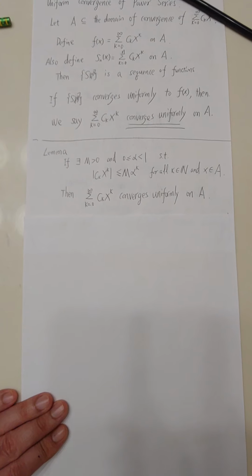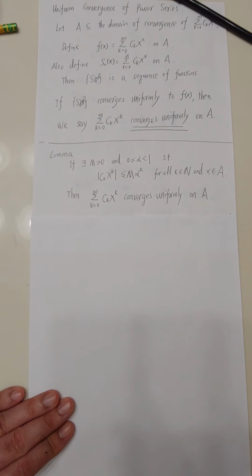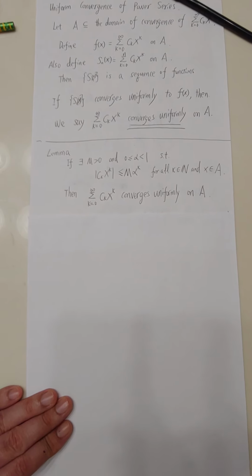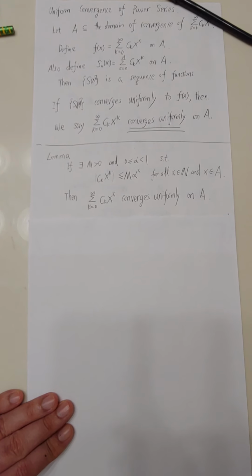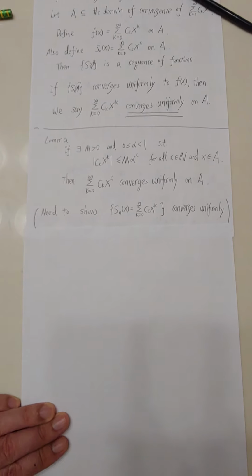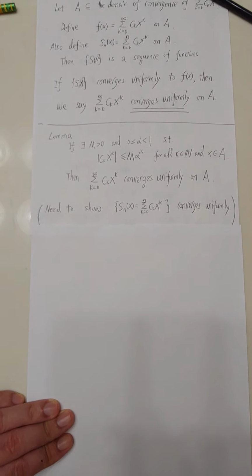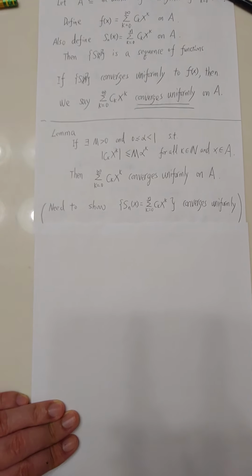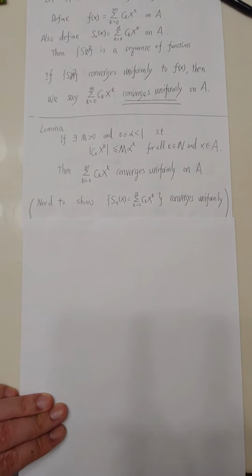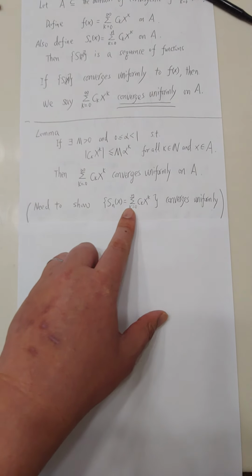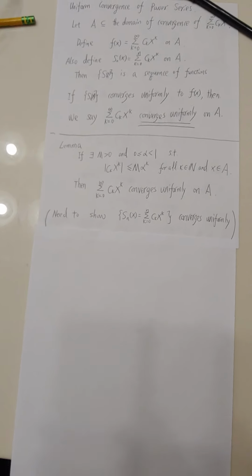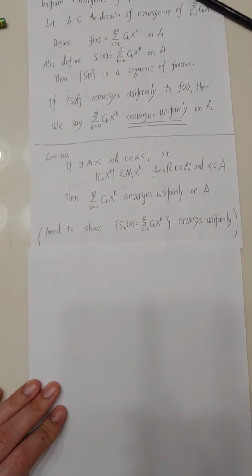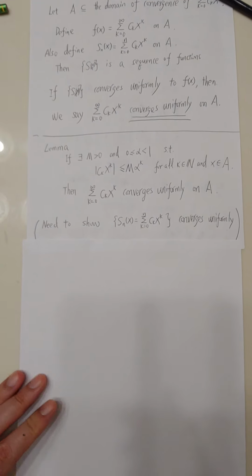Okay, so we want to prove this result. By the definition, if the power series converges uniformly, we just need to prove that this sequence of functions converges uniformly. This sequence of functions is given by a finite sum, and now we want to prove it converges uniformly.